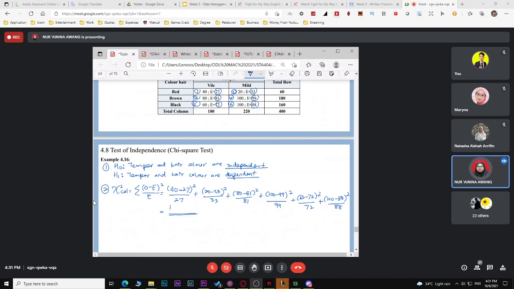Okay, good, so this should be the value. This is your chi-square calculated, and then the next step is your critical value.